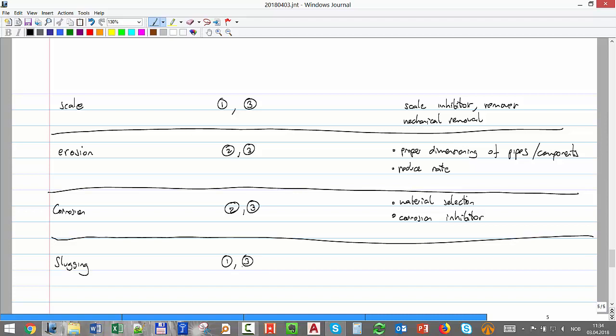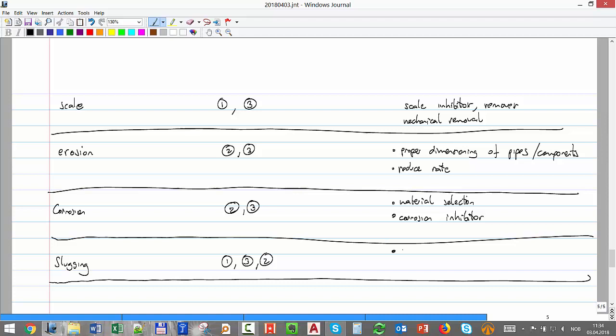If a separator gets a very big slug, then at the end it cannot separate. It can lead to vibration, so it can actually cause all three. Okay, and how do I deal with slugging? Pressure control. Pressure control, that's one way.